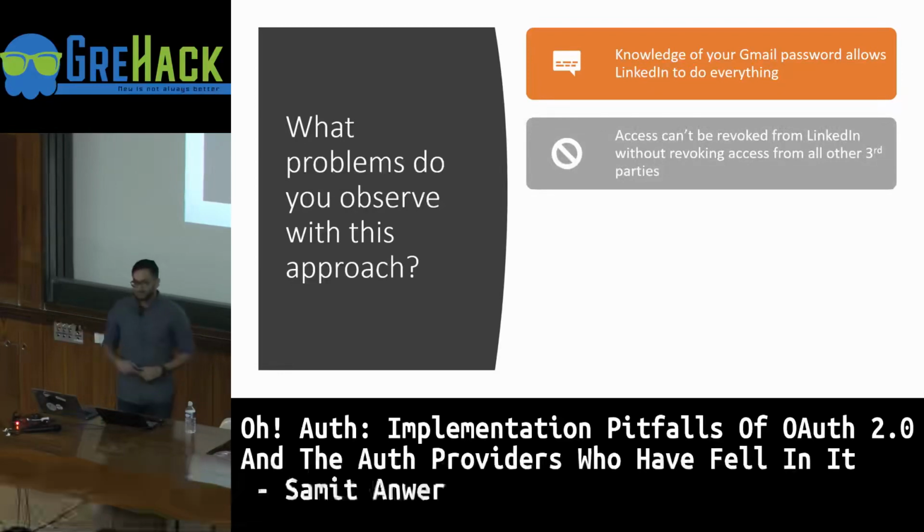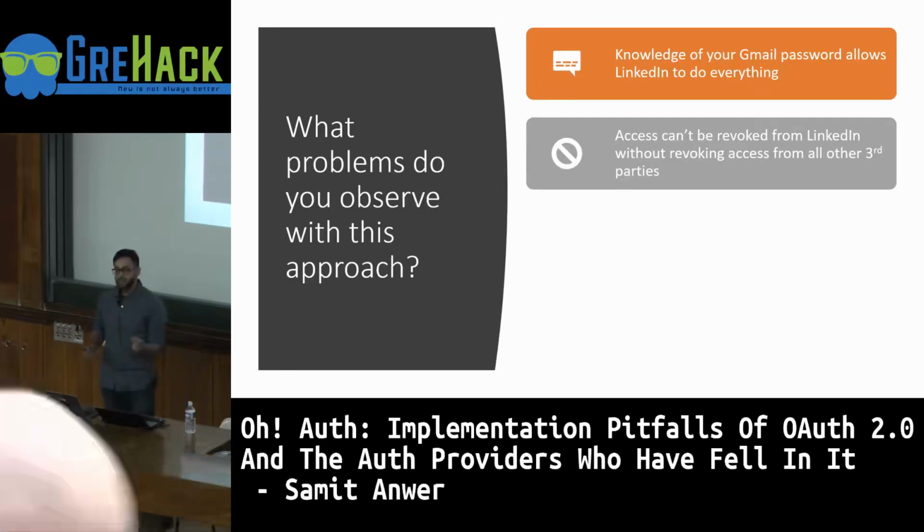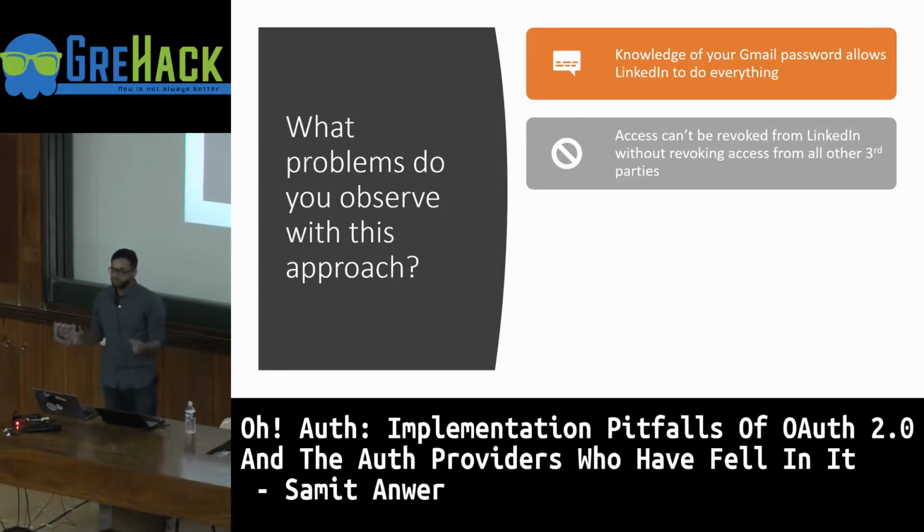Also, access cannot be revoked from a single specific third-party application, because similarly, you would be sharing your credentials with multiple third parties. And if you want to revoke access from a single third party, you would be doing that by changing your credentials. And if you change your credentials, the credential will change for all the third-party applications, not just one. So you can't revoke access from a specific third-party application.